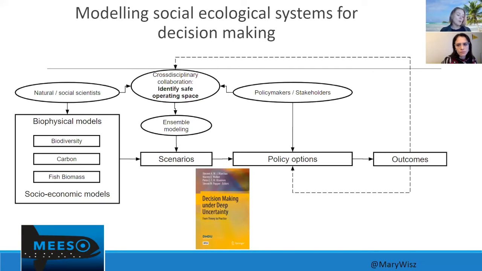So currently data are being collected to support the biophysical and socioeconomic models by our fellow scientists in the other work packages. So MESO has scientists out at sea, they're collecting acoustic and genetic data, and economists who are tracking fish meal prices in trade, evaluating the cost of fishing with new gear designed with mesopelagic fisheries potentially in mind, and then also looking at the cost of transport and so on.